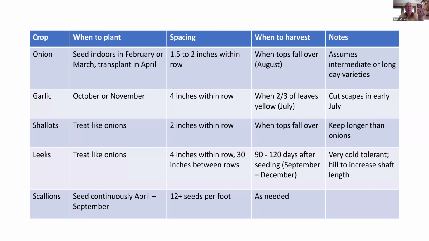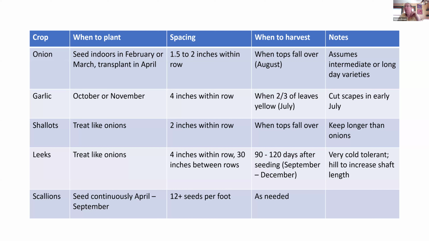Leeks also get planted like onions, but further apart, 4 inches within the row and 30 inches between rows, because these plants get really big. And they are harvested 90 to 120 days after seeding. So these are going to be in the field all summer and through the fall.